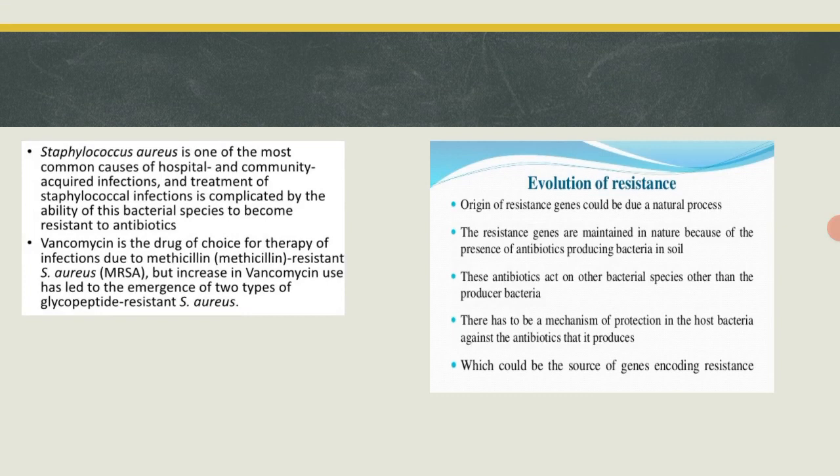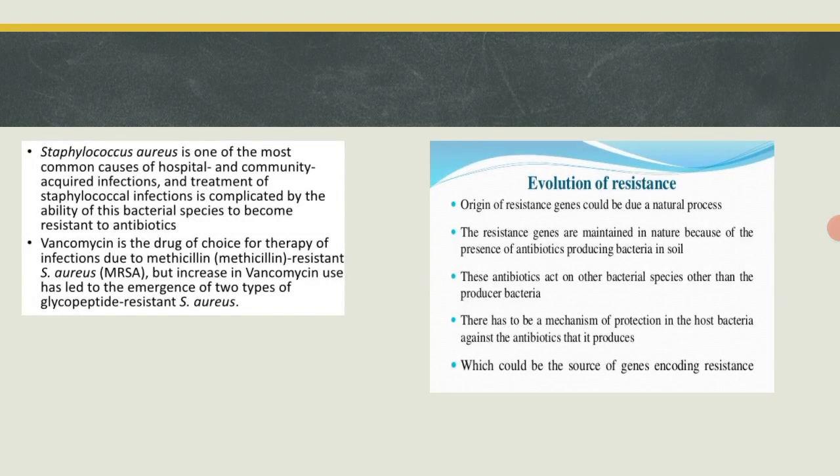Say a bacterium is originally not resistant to antibiotic X, but we have some other type of bacterium which is originally resistant to antibiotic X. If these two bacteria, the initial bacterium and the mutant or resistant bacterium, replicate together, they will transfer genetic material to each other.